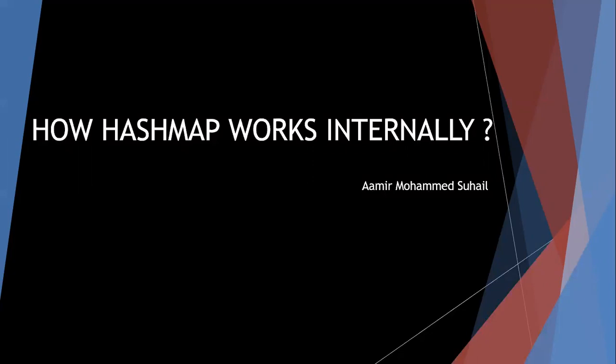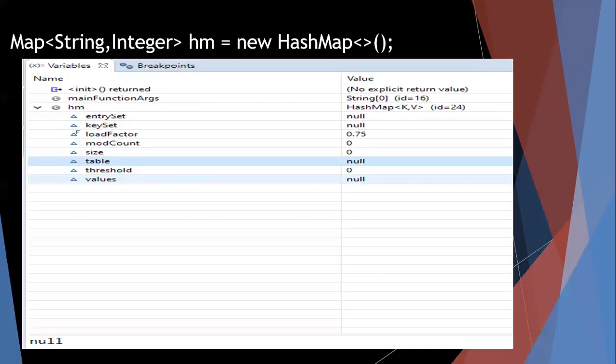I'll show you each step through Eclipse, how to debug that and how to understand what is happening. So let's get started. In order to declare a HashMap, we'll write this syntax: Map, and then in angle brackets we'll write key comma value.